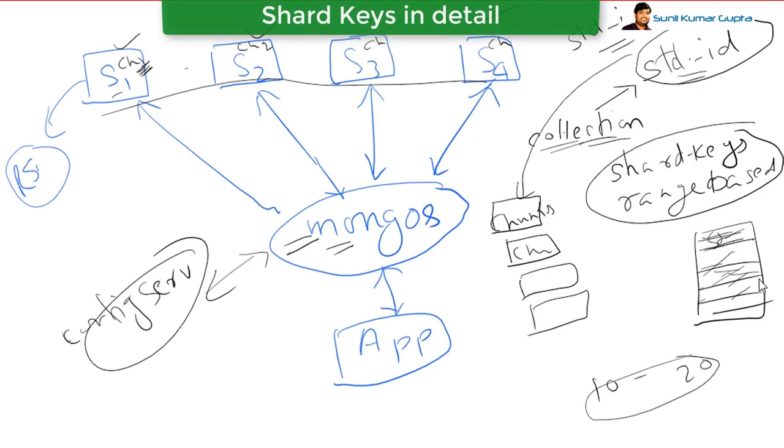It will look for student ID 10, first find which chunk it belongs to, then find which shard that chunk is on, and then fetch the related data from that shard, from that replica set. This way it is very easy to query, very efficient and very time saving. That's why it is based on the shard key.